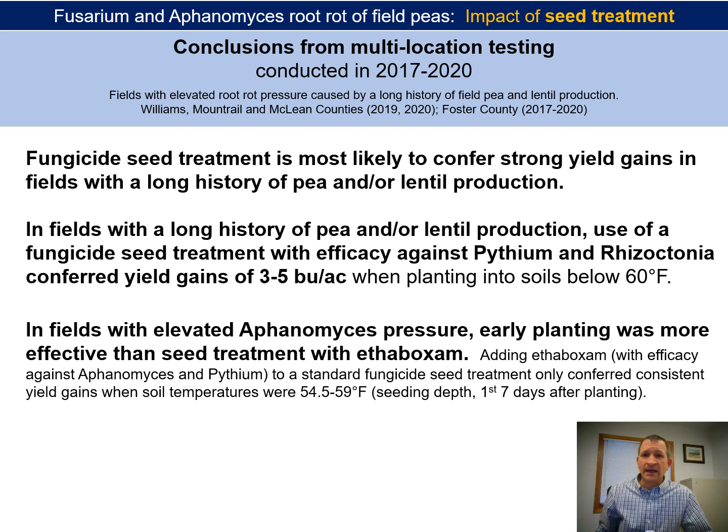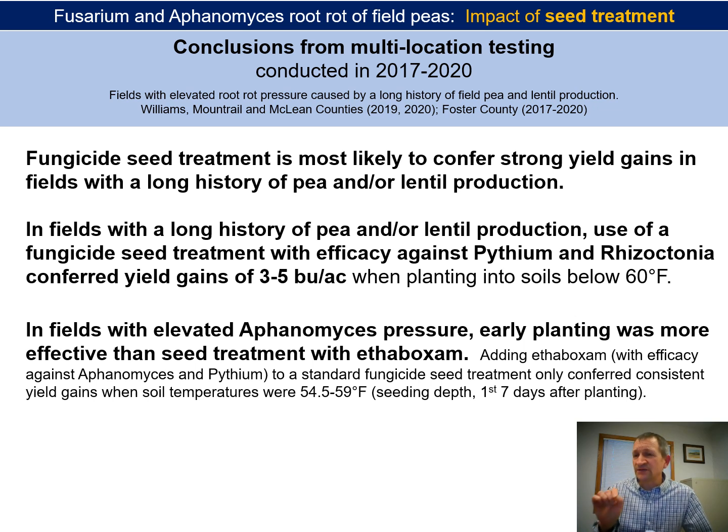What these results suggest is that these fields with elevated Aphanomyces and Fusarium also have elevated Pythium and/or Rhizoctonia. Again, we did not do diagnostic testing targeting Pythium and Rhizoctonia, but in those really cold soils, you just wouldn't expect the Aphanomyces and Fusarium to be active enough at the seedling stage of the peas to see this type of response.